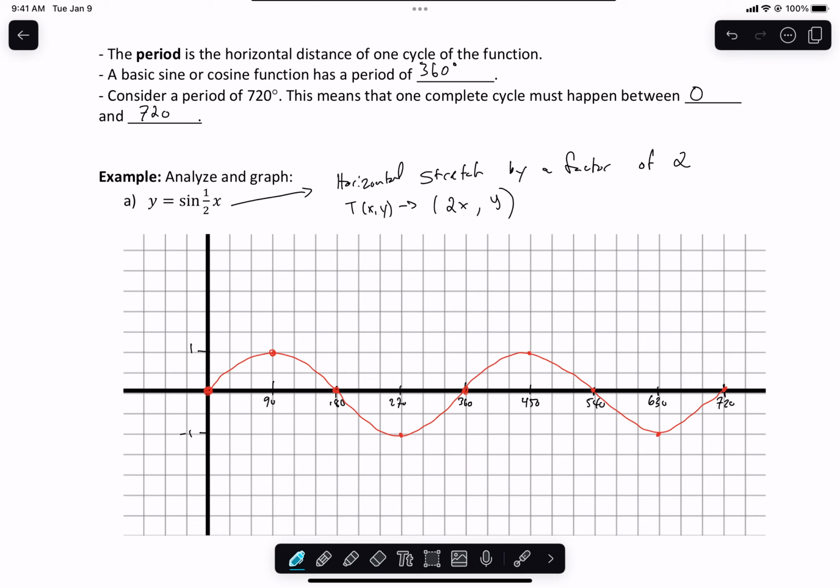So this is going to go to here, and then the 180 is going to go to 360. The 270 goes where? If I multiply it by 2, 540. And then the last point, what would have been at the 360 is going to go to 720.